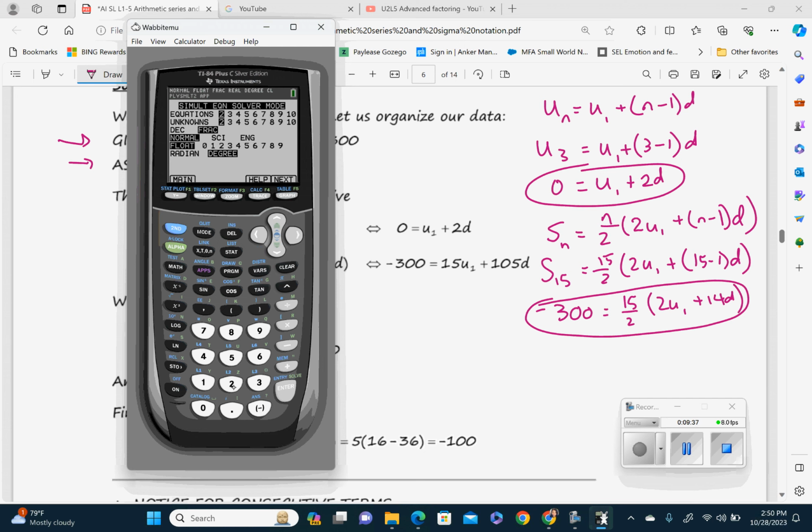There are two unknowns, U1 and d, and two equations, so we're going to hit next, which is graph. Now let's go ahead and plug this in. The number in front of the U1 is 1. Hit enter. The number in front of the d is 2. Hit enter. The number that's by itself right here is 0. Hit enter.